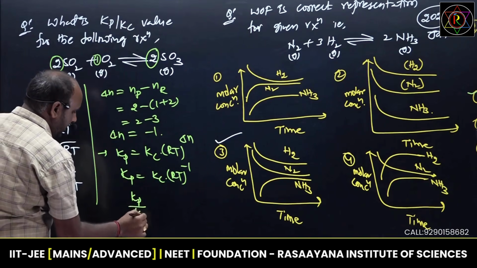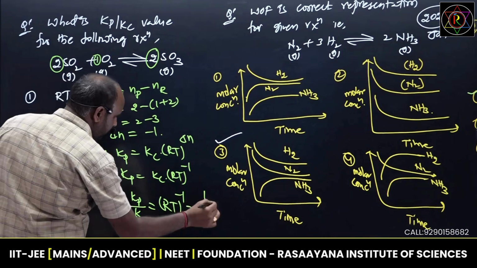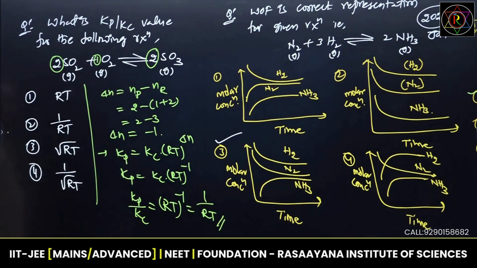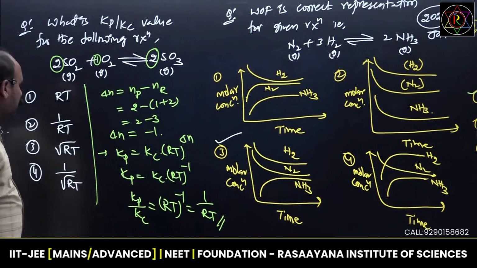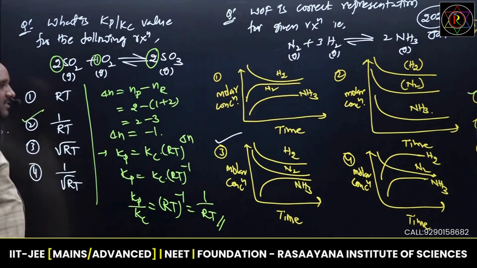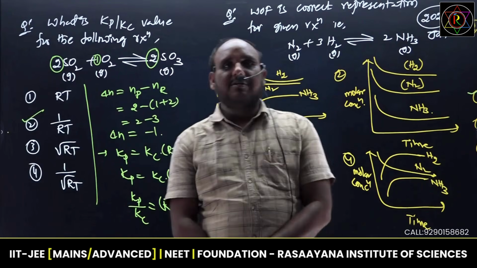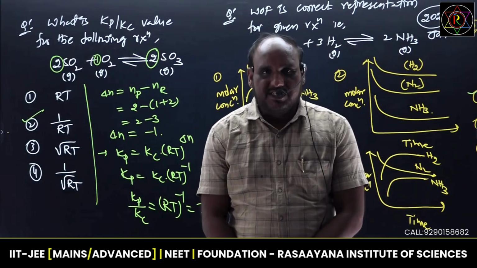Therefore Kp by Kc is equal to (RT) to the power minus 1, which we can write as 1 by RT. Therefore the ratio of Kp by Kc is equal to 1 by RT. So this is the one. Like that, for any equilibrium equation, we have to get the relation between Kc and Kp.